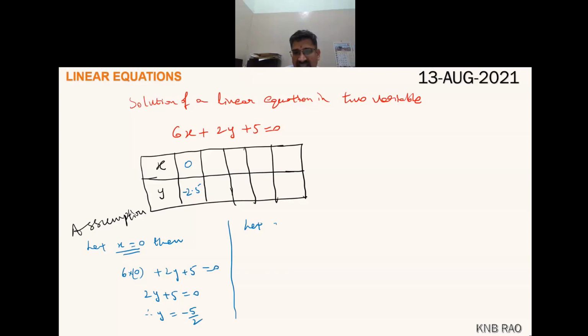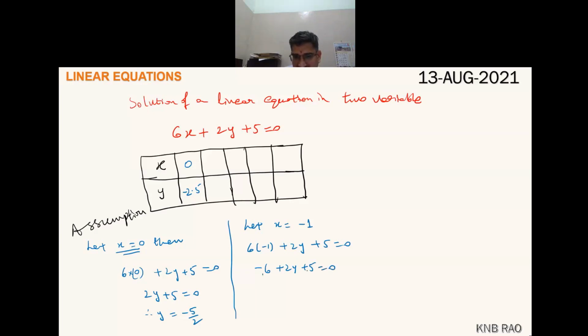If x equals minus 1, then 6 of minus 1 plus 2y plus 5 equals 0. 6 into minus 1 is minus 6. Minus 6 plus 2y plus 5 equals 0.